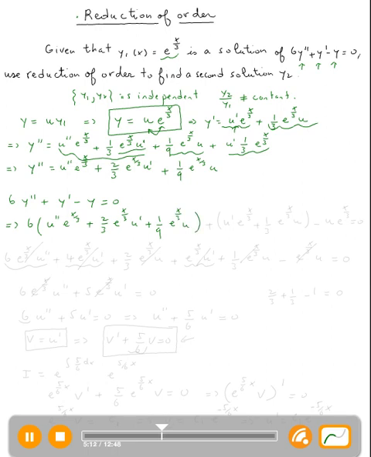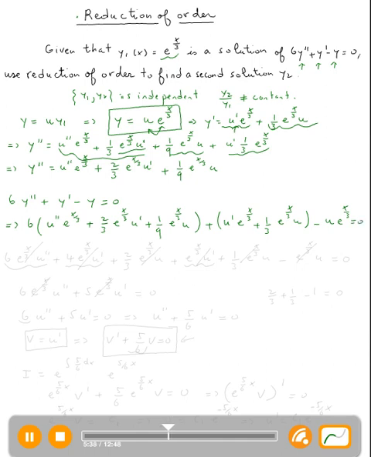So this is just 6 times y double prime. Now plus y prime, which is u prime e to the x over 3 plus 1 over 3 e to the x over 3 u, minus u e to the x over 3, that's y, minus y, which is 0.